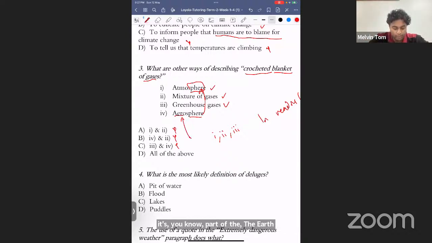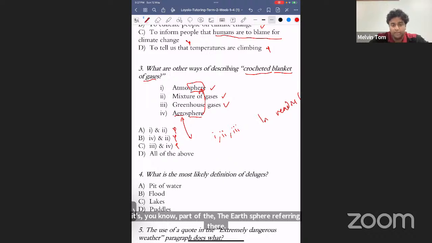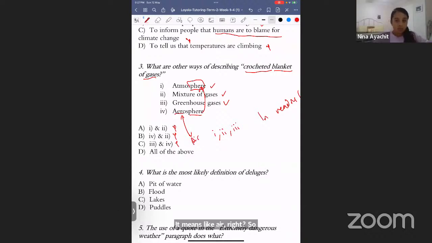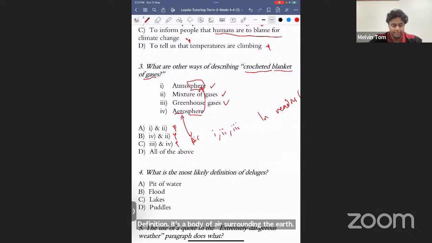And aero, we've seen that word in aeroplane. You've seen it in the chocolate Aero. It means air, right? So aerosphere, the exact definition of that word, let me get that up. Definition: a body of air surrounding the Earth. It's another word for atmosphere. So that makes sense as well. So the answer is D.